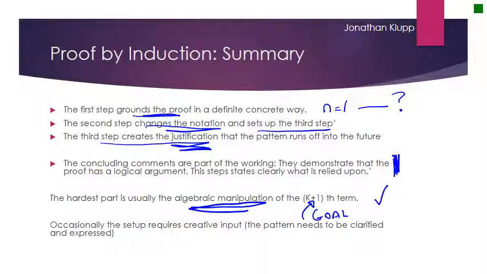What must emerge out of this k plus 1th work is an existing pattern with k plus 1 inserted. The only other trick that's significant is that occasionally the setup requires you to identify or clarify the pattern and express it in some mathematical form. We'll be doing some practice questions on that.